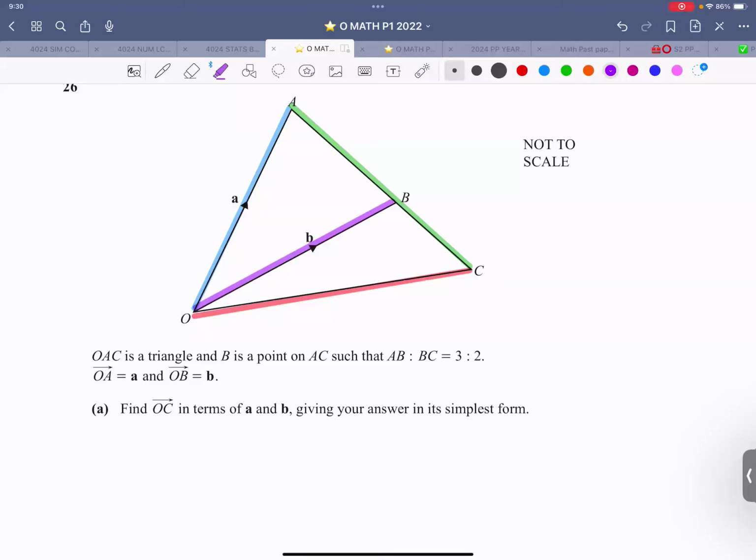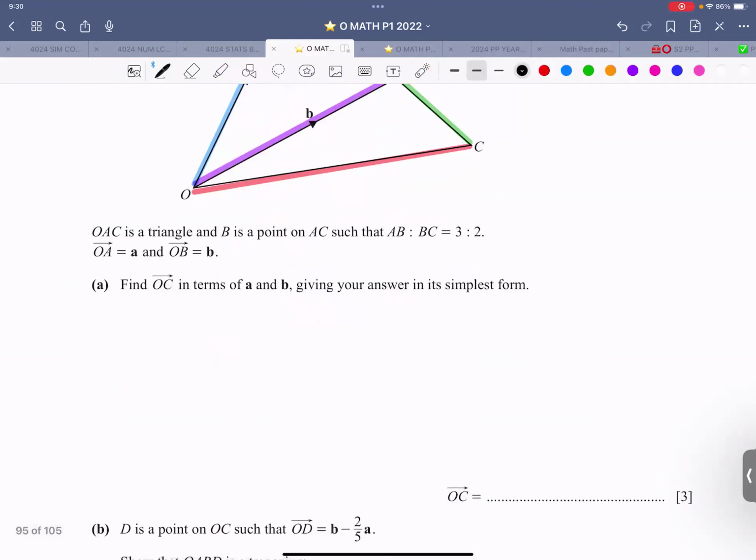That is this triangle. So now OA plus AB is OB. So OA plus AB is OB. Make AB the subject. That's OB minus OA. This is B, this is A. Put the arrows at the very end so that it's convenient for you. So that is step number 1.